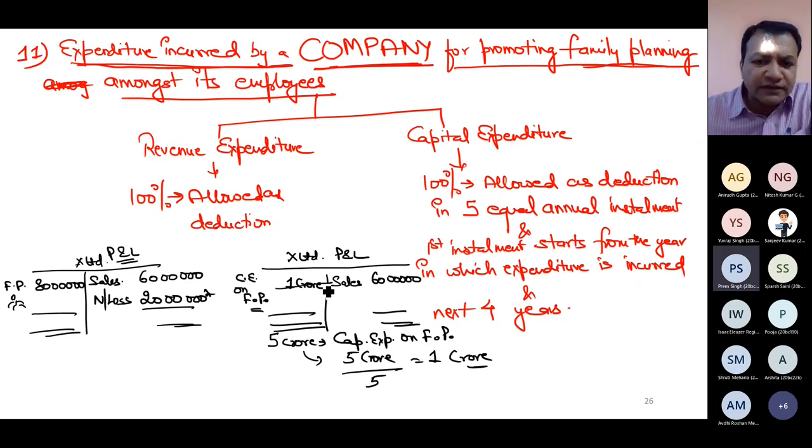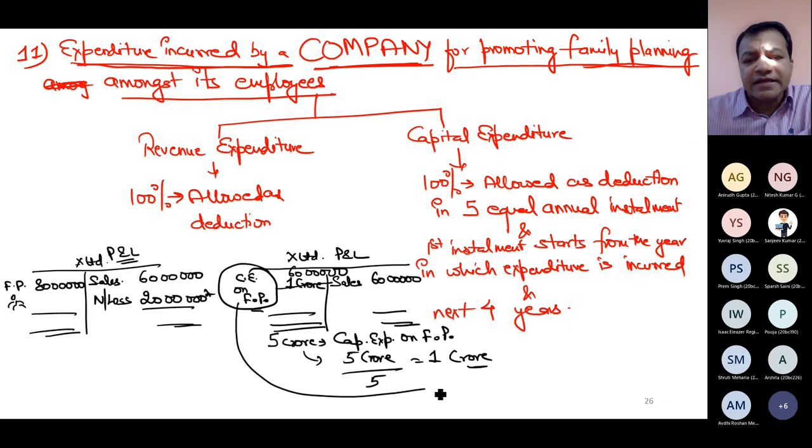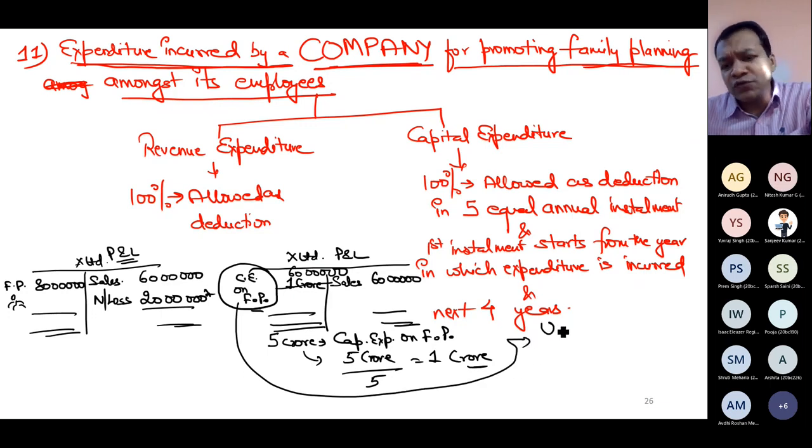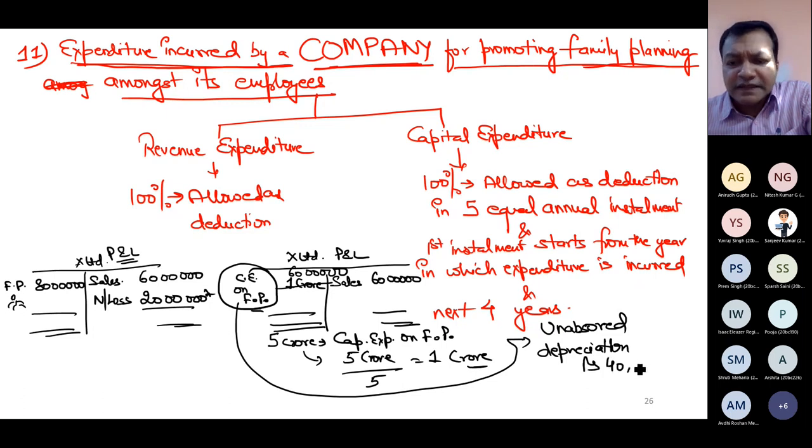So this is also that third expenditure which will not lose its identity. It will be called in future with a new name, unabsorbed depreciation, 40 lakh rupees. With this, I have covered all those 3 expenses which have their own identity.